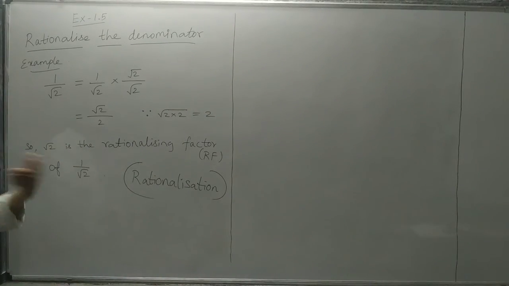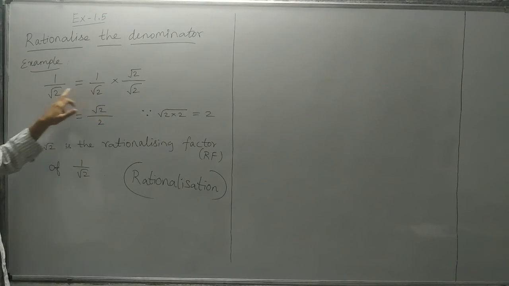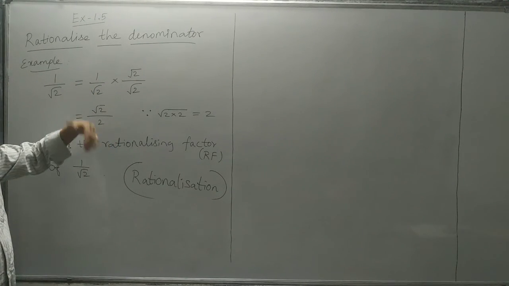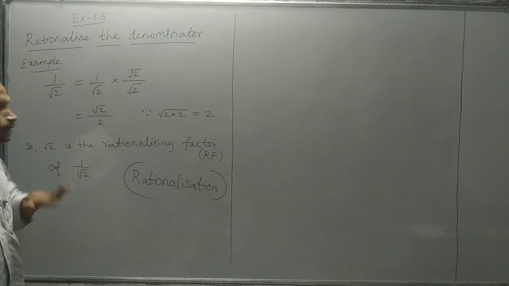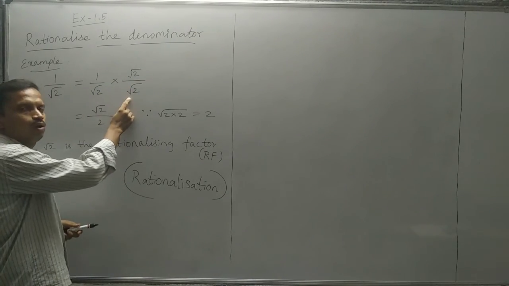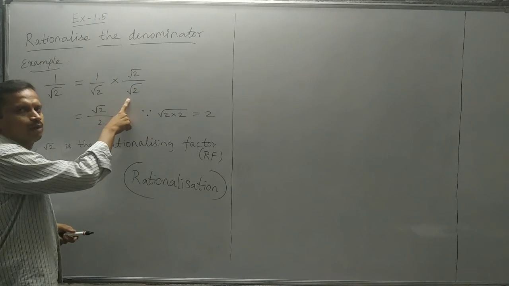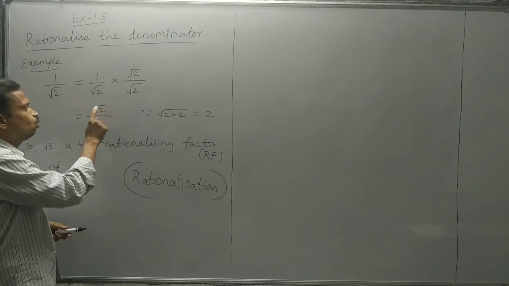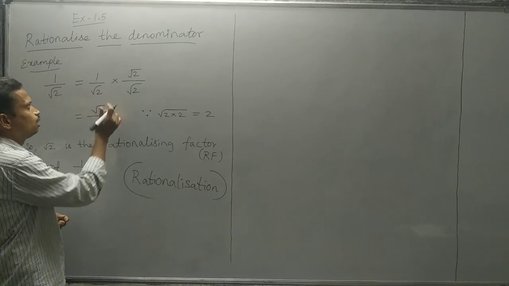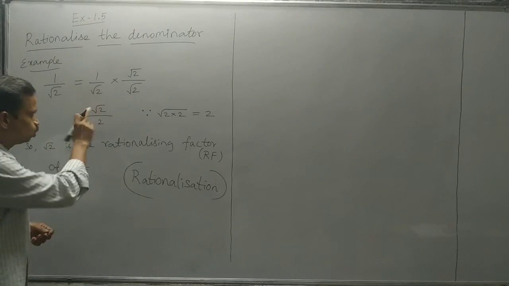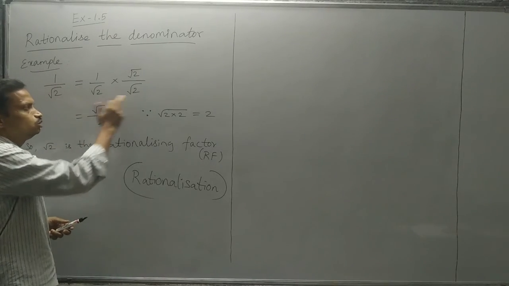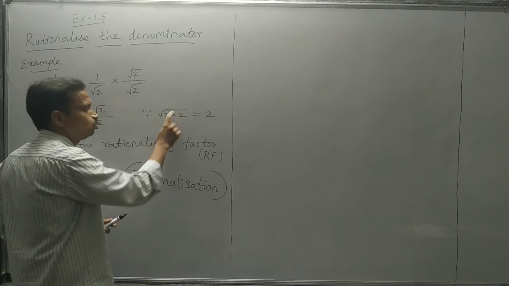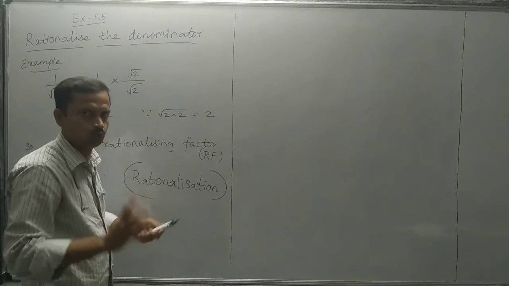1 by root 2, and multiplying the given 1 by root 2 by root 2 on both numerator and denominator. So I am multiplying root 2 on both numerator and denominator of the given number 1 by root 2. And what happens next? Numerator is 1 into root 2, and you see the denominator root 2 into root 2. That is root of 2 into 2, nothing but 2.